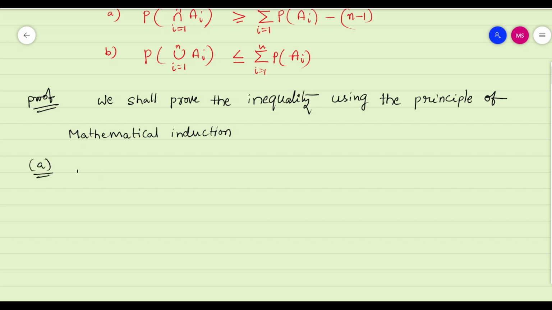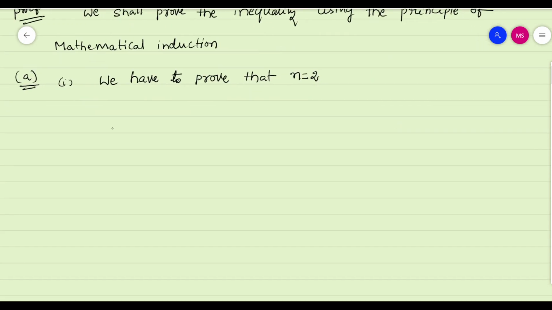So the first step is we have to prove that n is equal to 2. So there are 2 events. I'm taking the addition theorem for probability for 2 events.